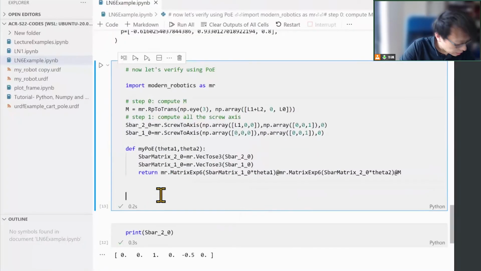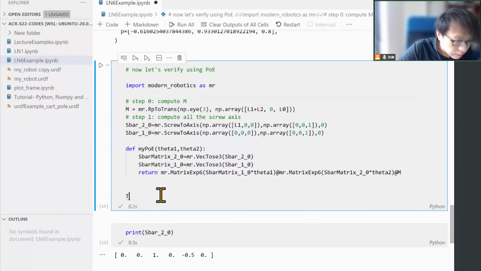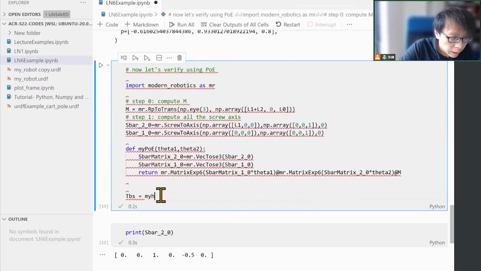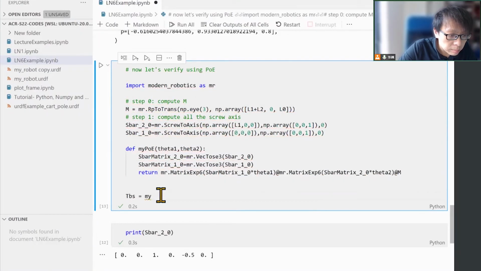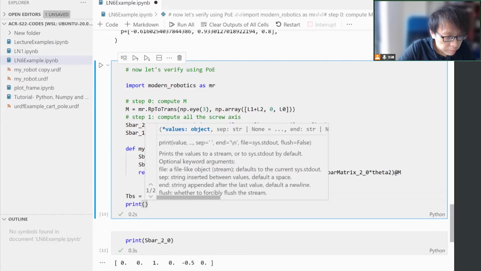Let's say TBS equals my PoE of theta 1 and theta 2, and let me print TBS.